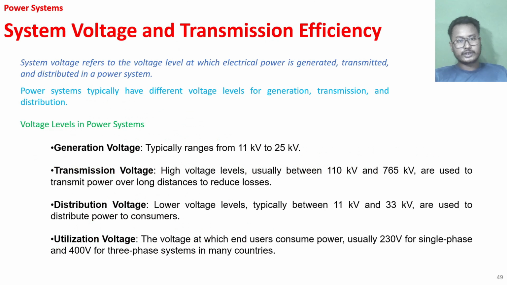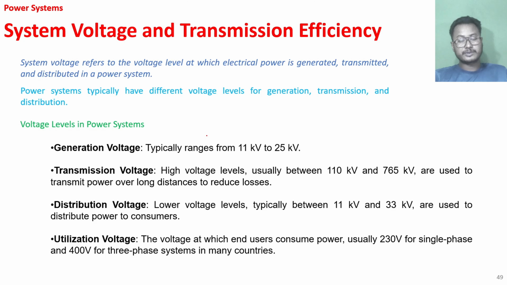So system voltage refers to the voltage level at which electrical power is generated, transmitted and distributed in a power system. So what does system voltage mean? System voltage means the voltage at which electrical power is generated, transmitted and distributed in a power system. Okay.